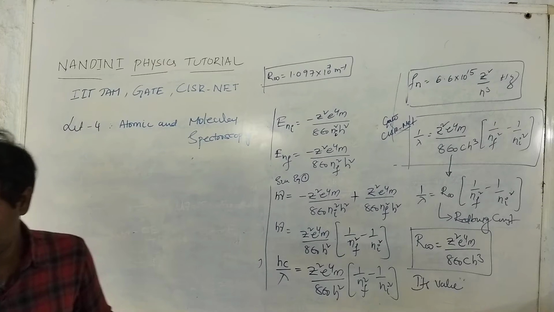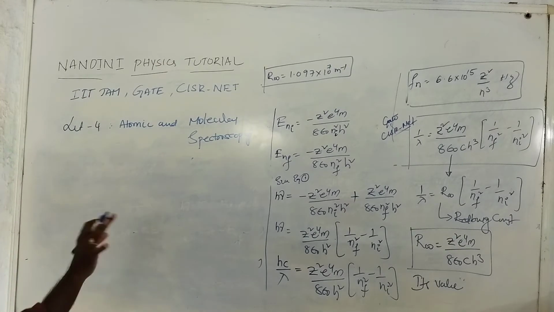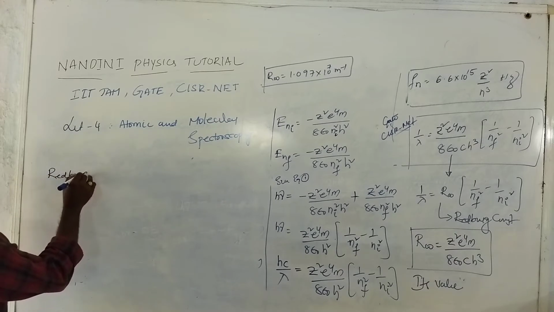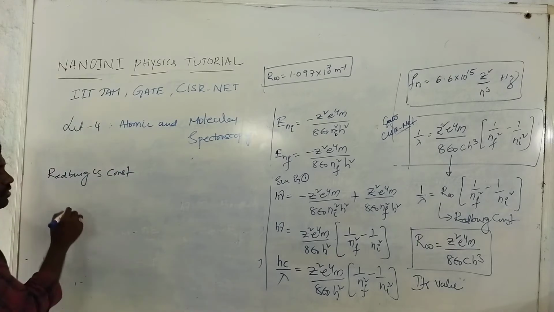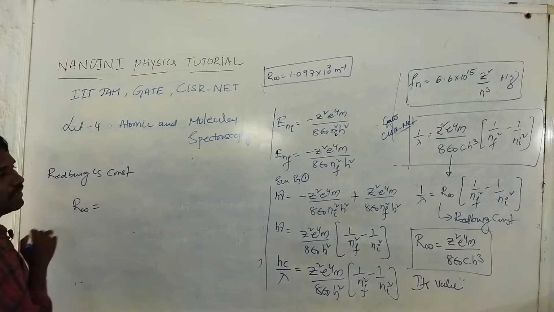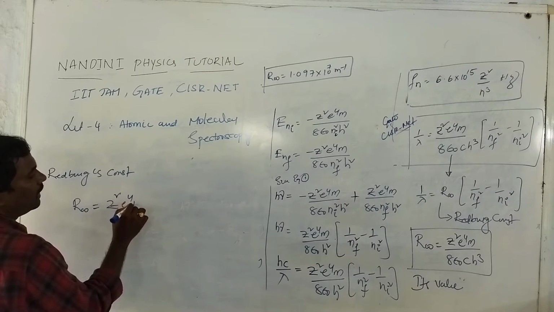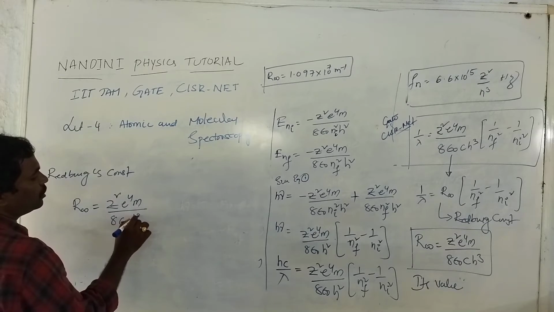Next concept: once again I write the Rydberg constant here. What is the Rydberg constant? R infinite is equal to Z square e power 4 m divided by 8 epsilon naught h cube c.